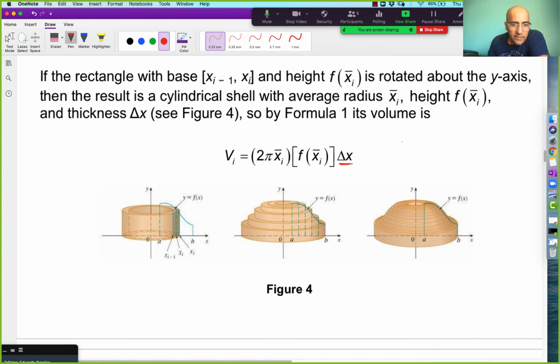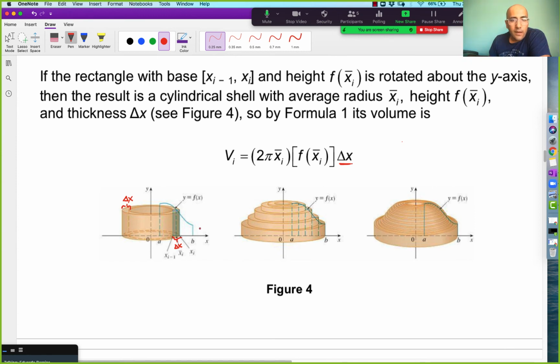Delta x is the difference between x sub i and x sub i minus 1. And if I'm dividing my entire interval into n equal intervals, each interval is going to be a delta x.